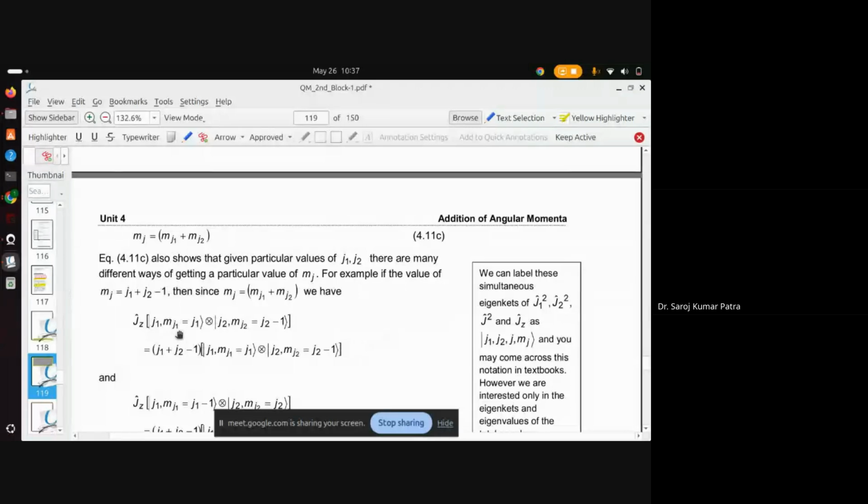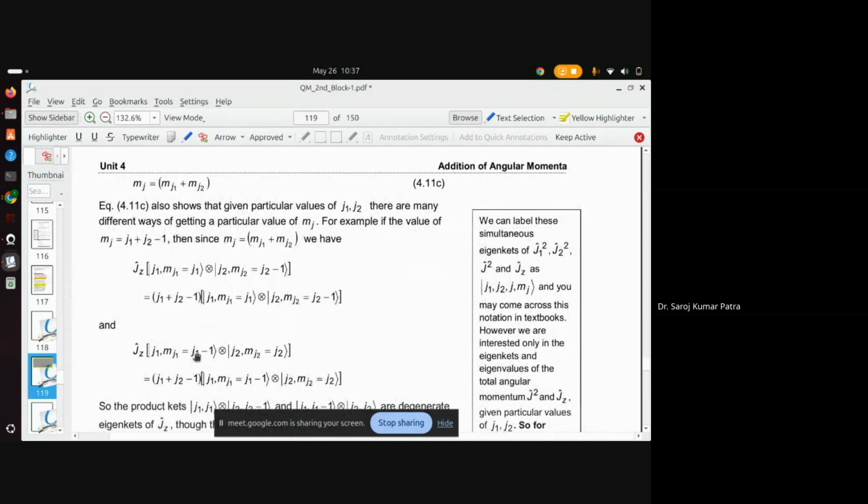One is mj1 को j1 ले रहा हूँ, mj2 को j2 minus 1 ले रहा हूँ, तो दोनों को मिलाऊंगा तो कितना होगा, j1 plus j2 minus 1, राइट. दूसरे केस में मैं mj1 को j1 minus 1 बोल रहा हूँ और mj2 को j2 बोल रहा हूँ, तो इन दोनों को भी मिलाऊंगा तो वही मिलेगा, j1 plus j2 minus 1. Is it clear?